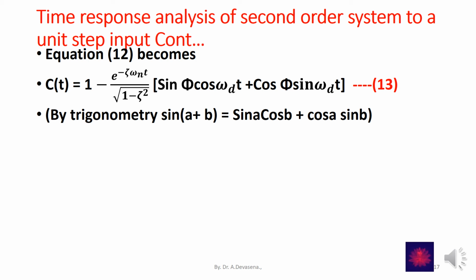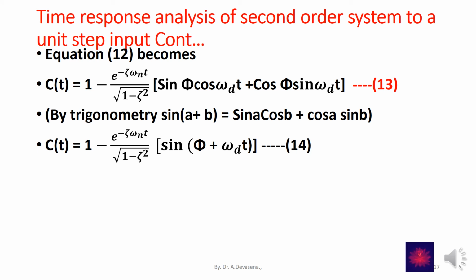With the help of this formula, we are going to simplify the above equation 13. So equation 13 becomes c of t is equal to 1 minus e power minus zeta omega n t divided by square root of 1 minus zeta square sin of phi plus omega d t. Consider this as equation 14, where phi is equal to tan inverse of square root of 1 minus zeta square divided by zeta.